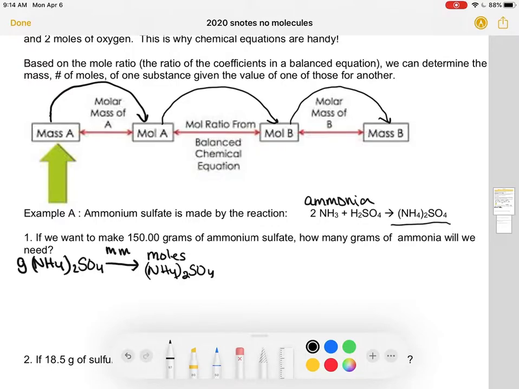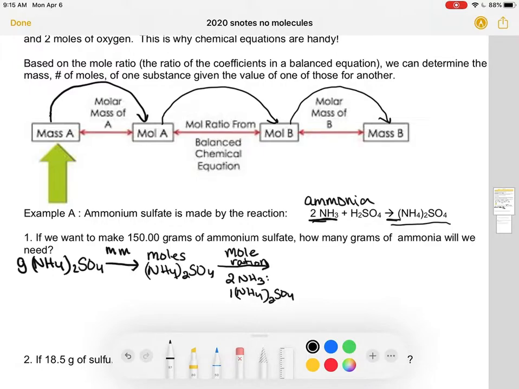Now we have moles of ammonium sulfate. Now we can use the ratio of their coefficients. So our mole ratio is 2 NH3s for every 1 (NH4)2SO4.